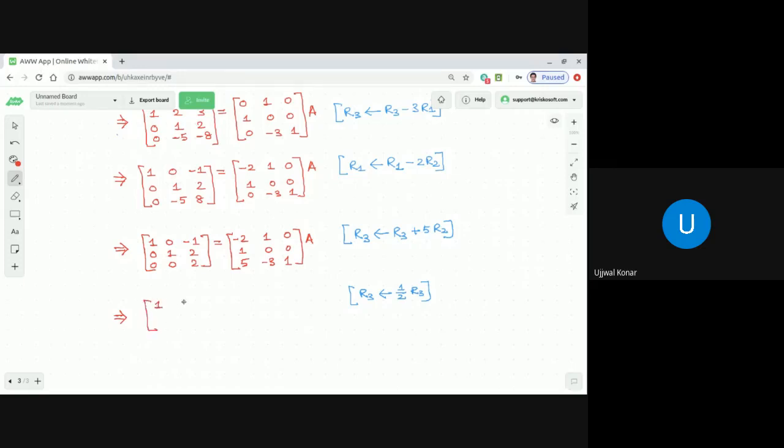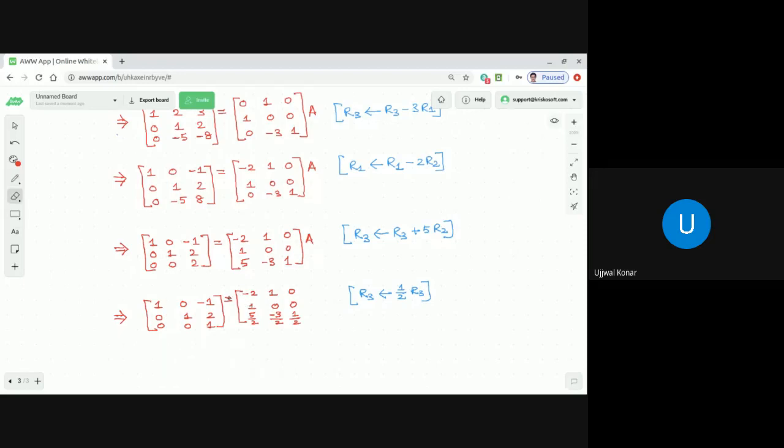The first two rows remain the same: 1 0 minus 1, 0 1 2, 0 0 1. That is equal to, performing the same thing, minus 2 1 0, 1 0 0, and 5 by 2, then minus 3 by 2, and 1 by 2.